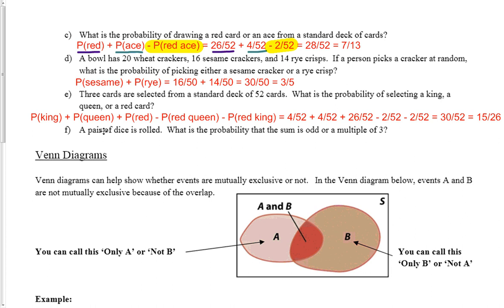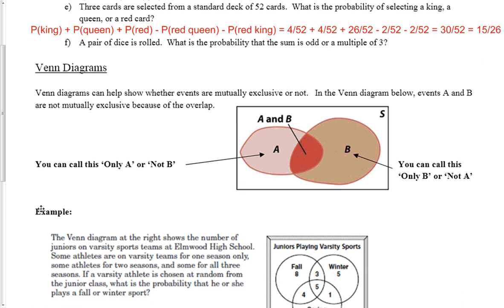And we're going to skip this last one. And I'm just going to give an overview of Venn diagrams here. You've probably seen these in other classes, but basically what you're looking at is there's the probability that one thing will happen, probability that the other thing will happen, and there's this region in the middle where we're saying that both happen.